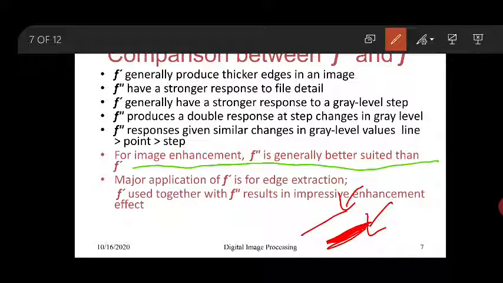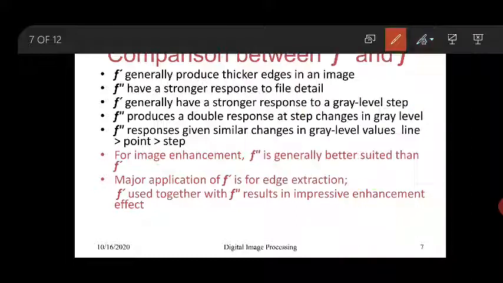The major application of f dash is for edge extraction. F dash used together with f double dash results in an impressive enhancement effect. I hope this slide plays a very important role for your applications, to understand why we require the first order derivative and second order derivative.